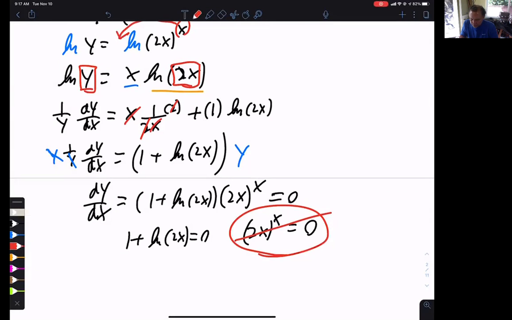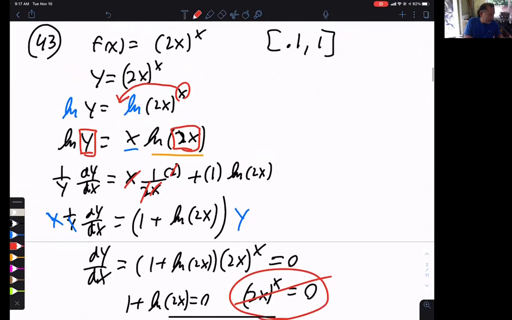It never equals 0. I can double check that for you so I don't mess up on this one. Yeah, so I believe we're okay with that.